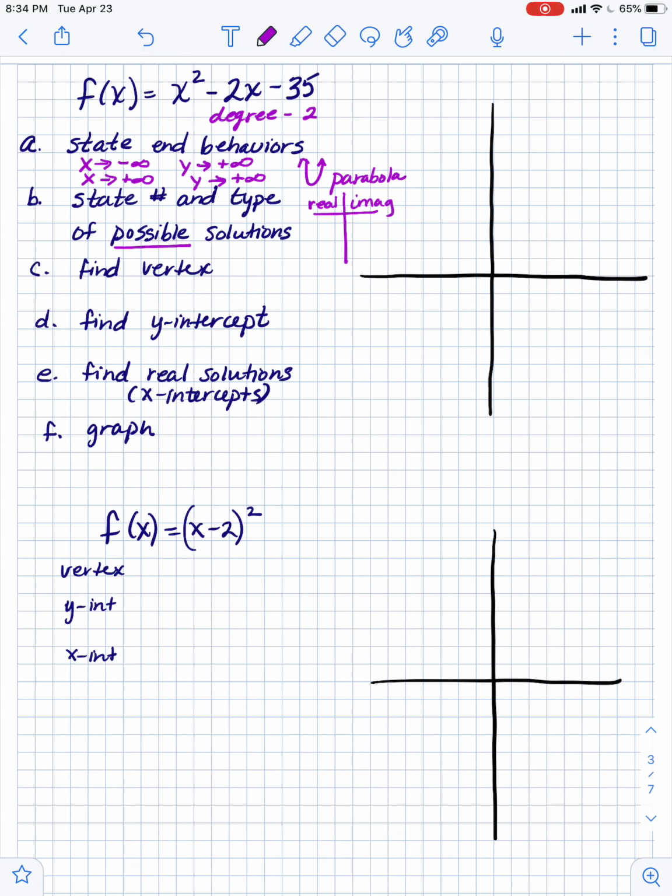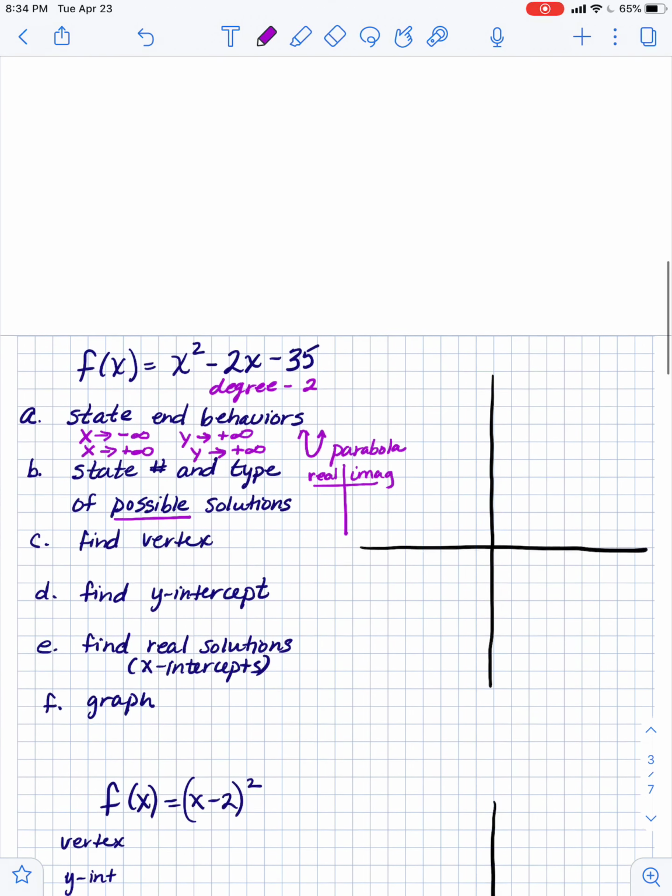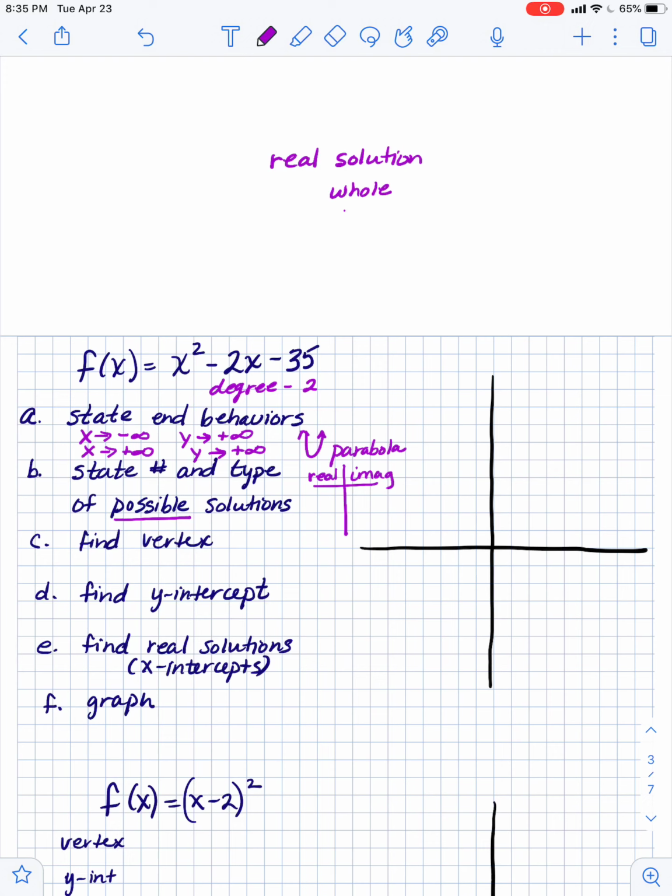Now, I want to back up because I'm not sure if some of you know what we mean by real solutions. When I talk about real solutions, guys, I'm talking about real numbers. Well, the real numbers are all of your whole numbers. They are all of your fractions. And they are your decimals.